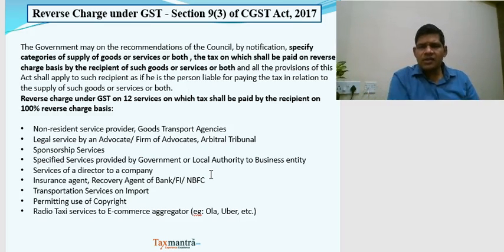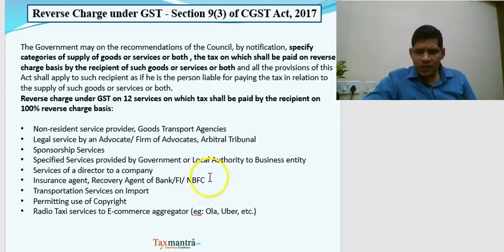Now let's understand what is there under reverse charge under the GST regime. Basically there are two main provisions which cover reverse charge under GST. One is section 9 subsection 3, which says that the government may, on the recommendation of the council, by notification specify categories of supply of goods or services or both, the tax on which shall be paid on reverse charge basis by the recipient of such goods or services.